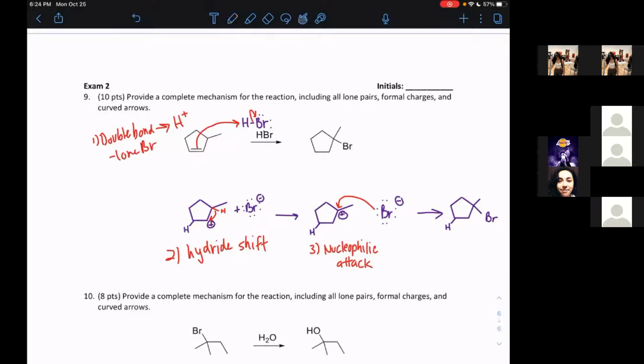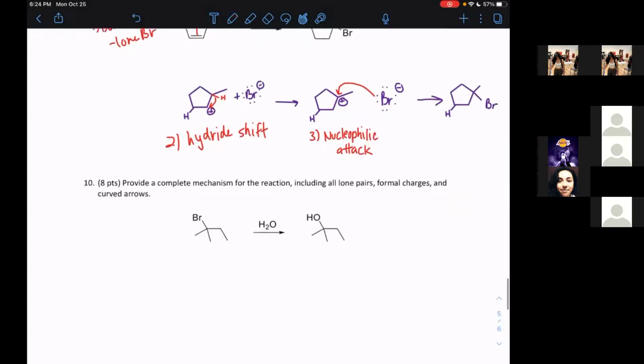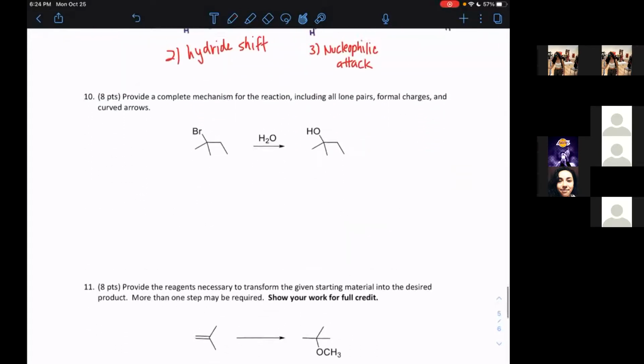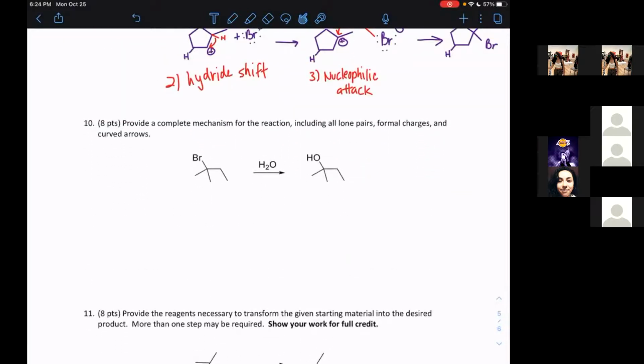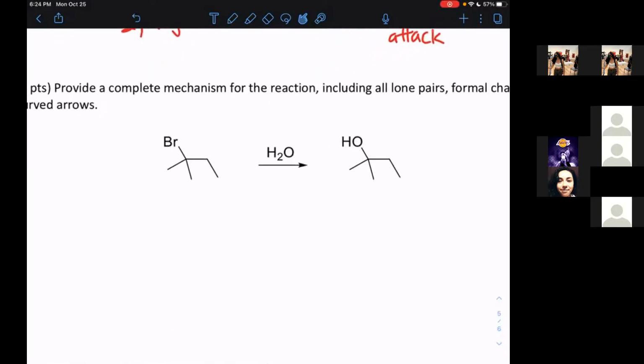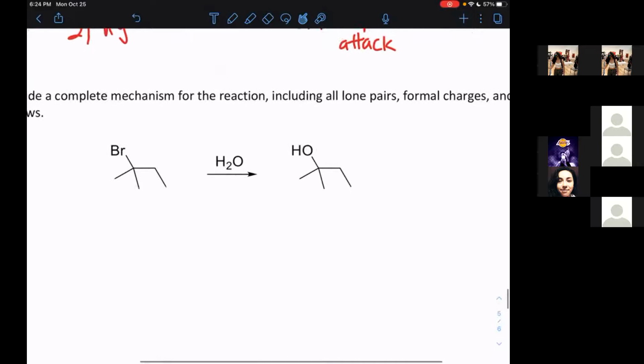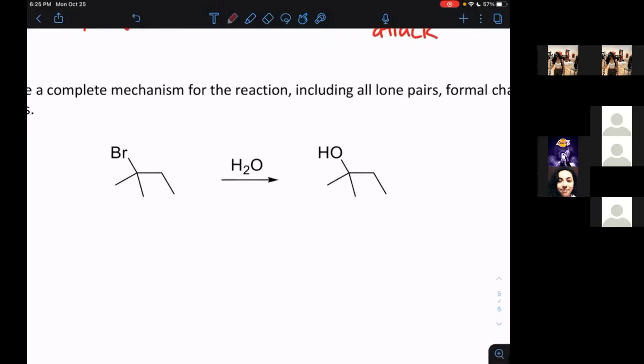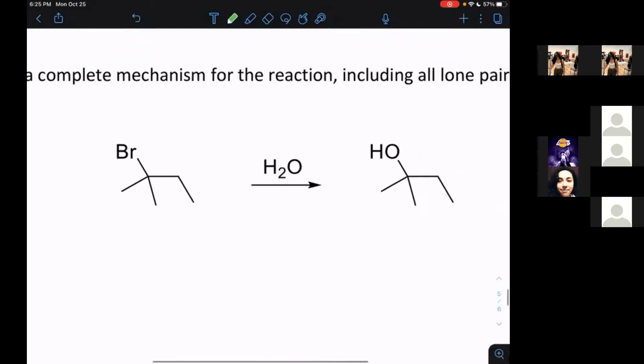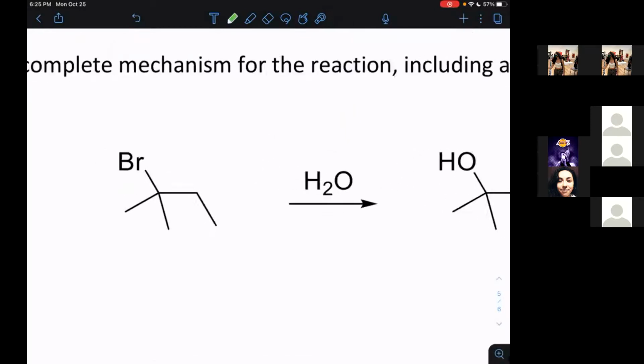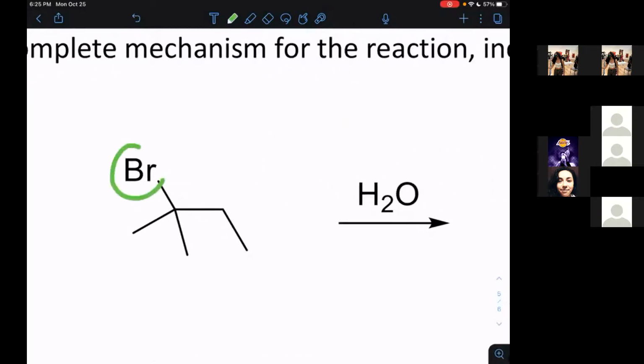Okay, so then we could go to 10. Provide the mechanism for the reaction. So this one is going to be a substitution reaction, because it's an alkane with a good leaving group.